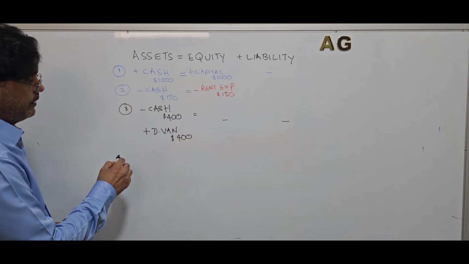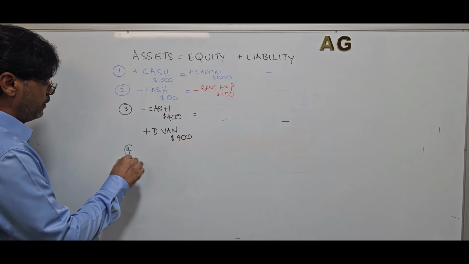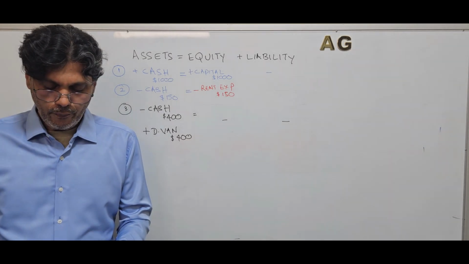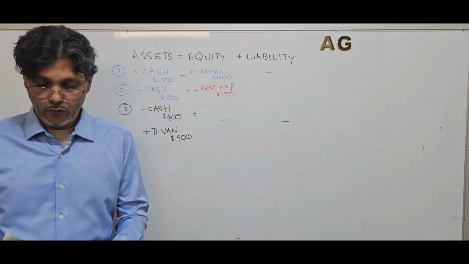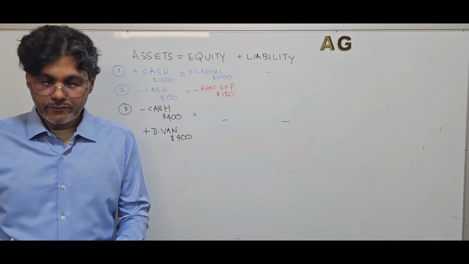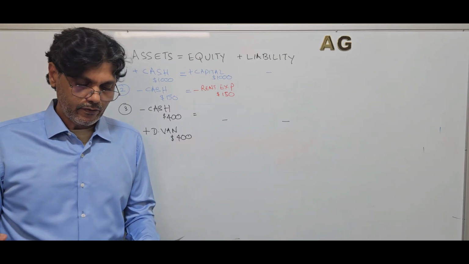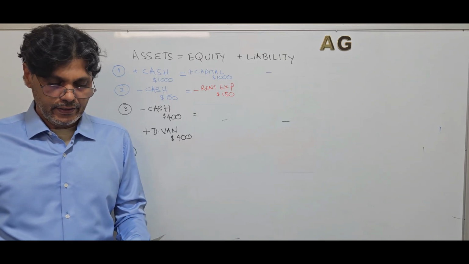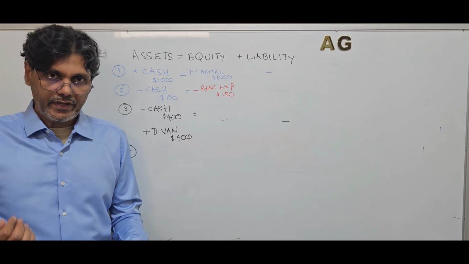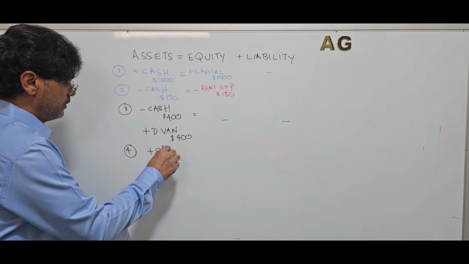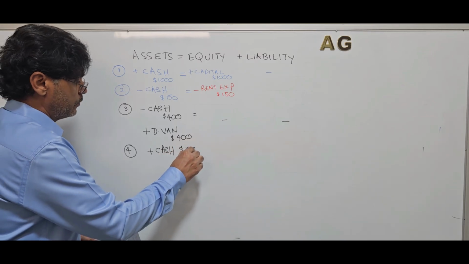Now let's take the fourth transaction. Obtained a $1,200 bank loan with a term of 5 years. The company has obtained a bank loan of $1,200. So the company will receive cash, and the cash balance will increase by $1,200.